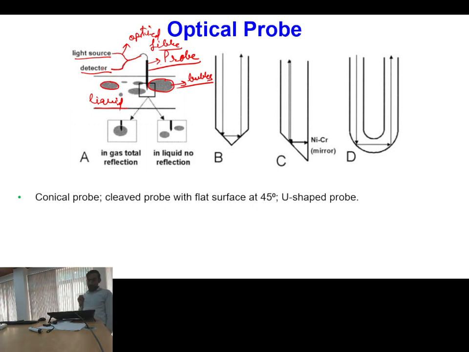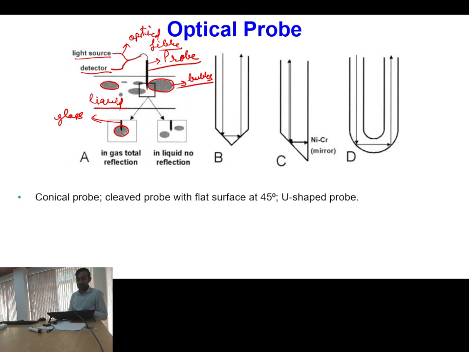Now here we have two types of possibilities. If the probe is adjacent to the gas, the probe is made up of glass, so light comes through glass having an index of 1.6 and then faces gas having a refractive index close to 1.